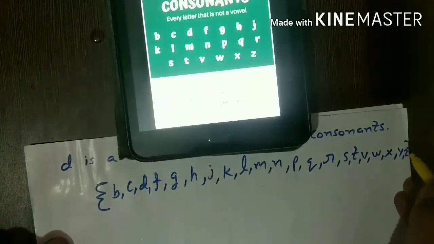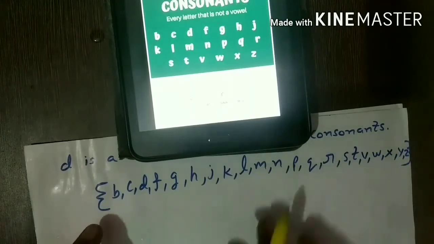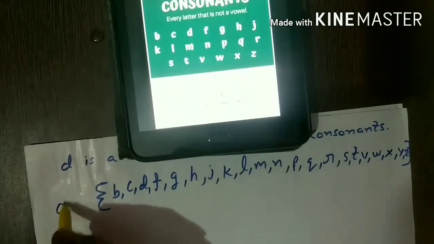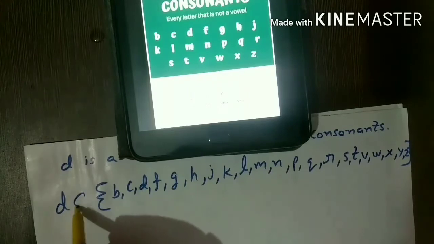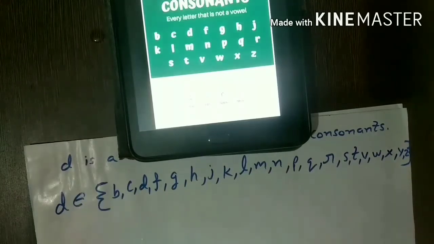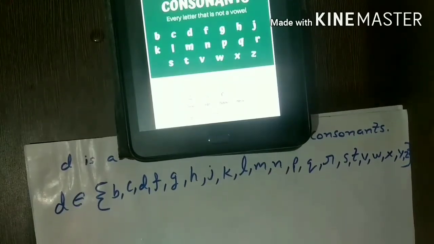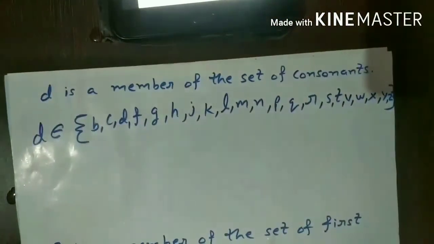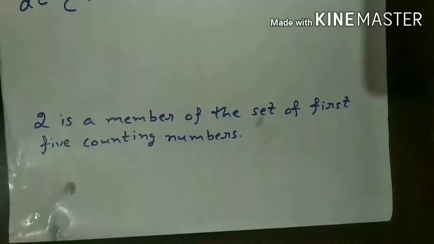Now the set is closed. This is the set of consonants and D is there. So D belongs to this set. Now this is completed, so you can see in this way we have solved this question.